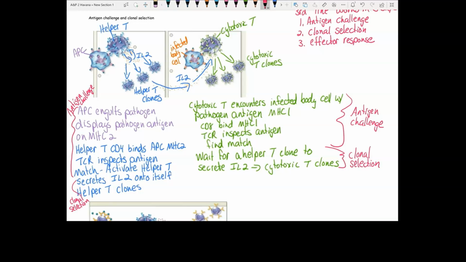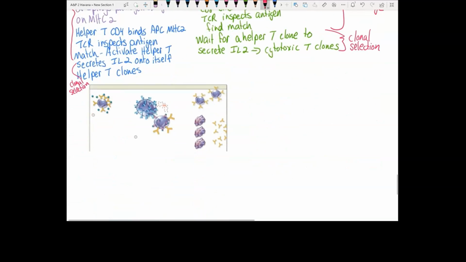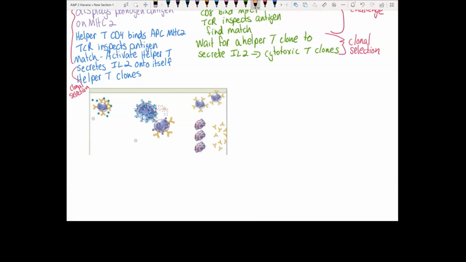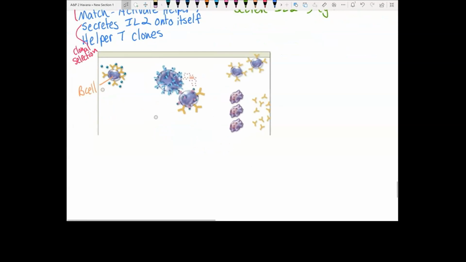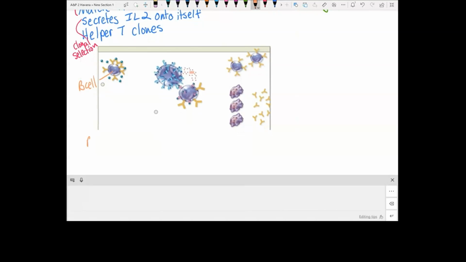Okay, let's look at the B cells now. We haven't talked about those yet. Here is a B cell. And remember, it doesn't have any CD. We just have the BCR that interacts directly with the pathogen. Remember also that B cells can be phagocytic. They can be antigen-presenting cells. So here we have a B cell that encounters the pathogen.